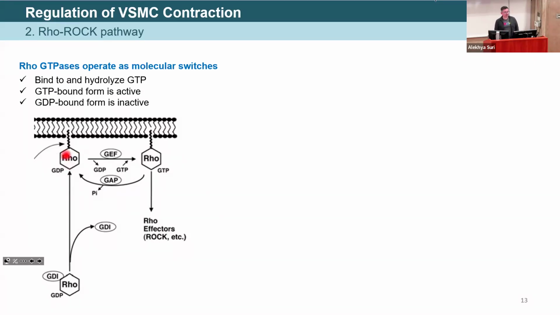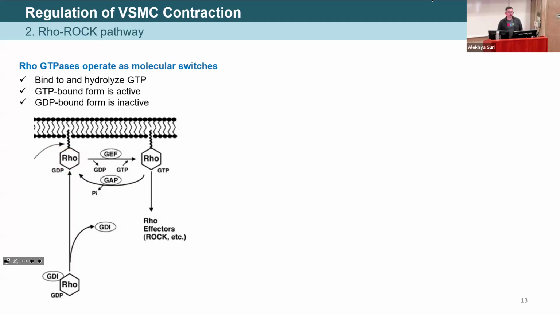The transition between the GDP and GTP states is mediated by GEFs, guanine exchange factors, that stimulate the exchange of GDP for GTP, and that process turns the protein on. And then GAPs, or GTPase activating proteins, stimulate the GTPase to hydrolyze GTP and release the phosphate, which turns it off because as a result the protein becomes GDP bound.